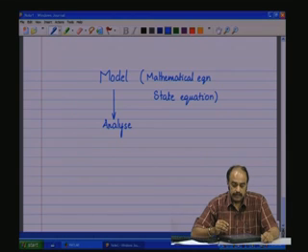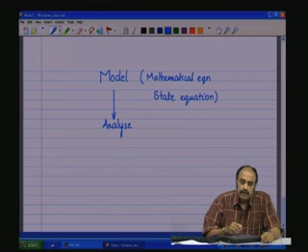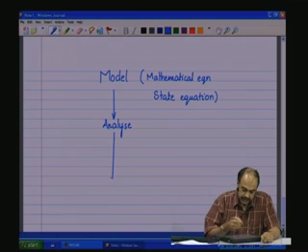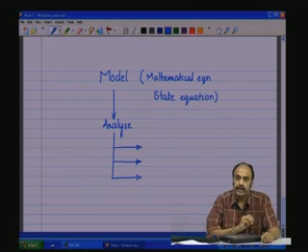And in the process of analysis, there are a few points that I would like to mention, that the analysis is generally done in 3 domains or viewpoints.